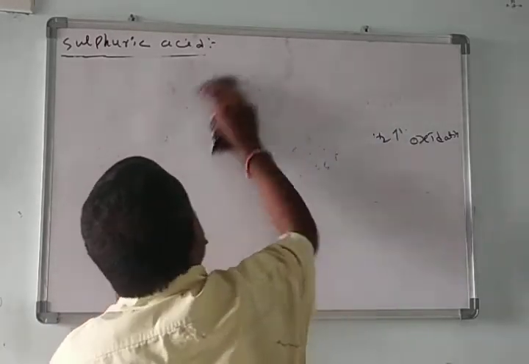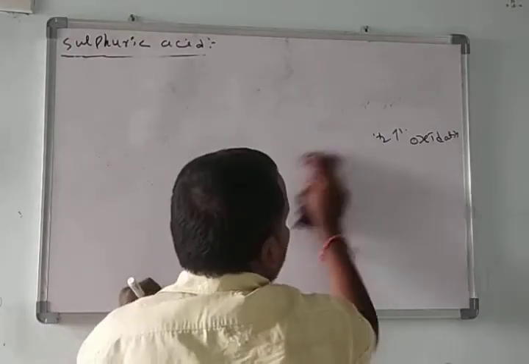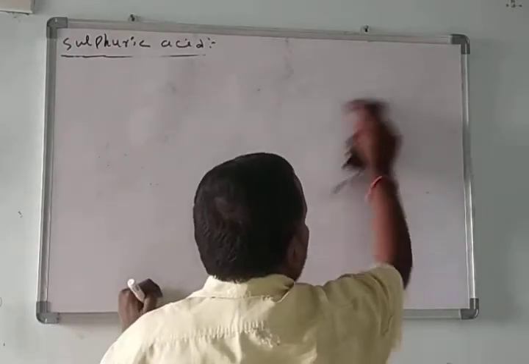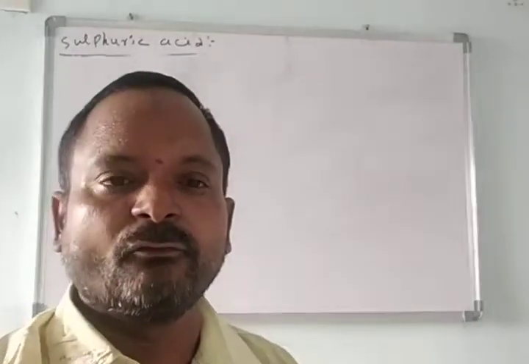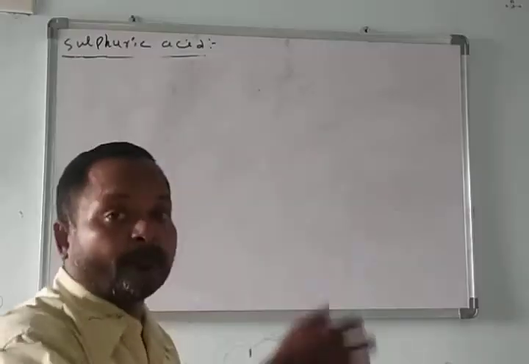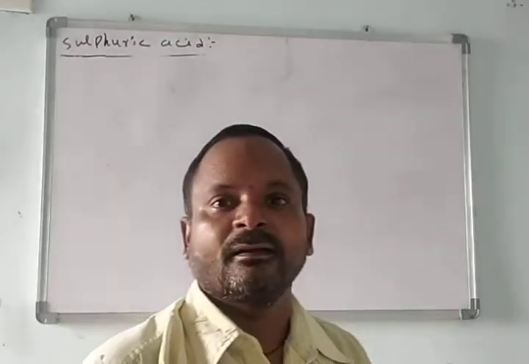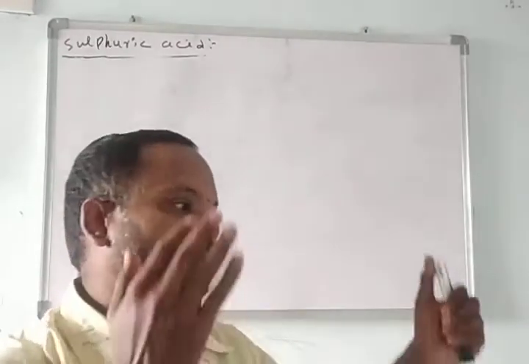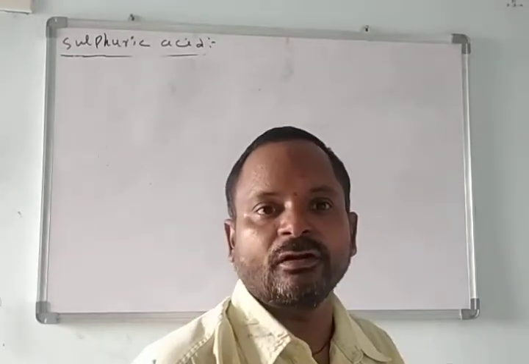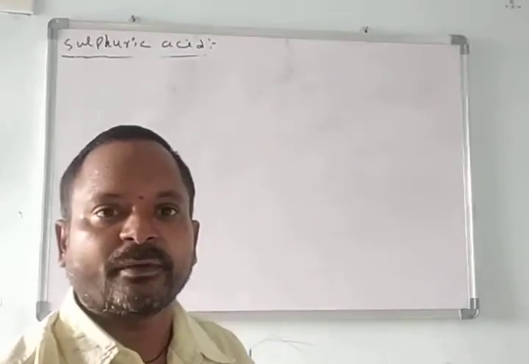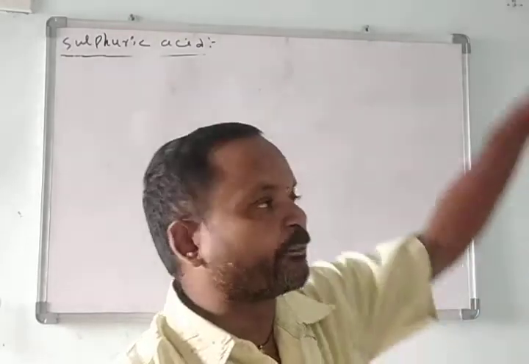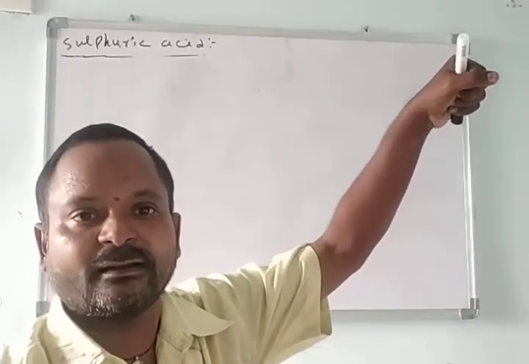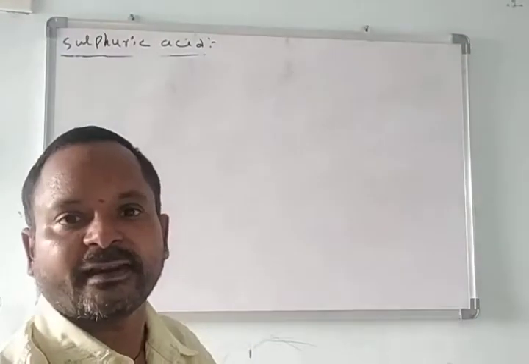If you keep a human body in sulfuric acid for a long time, what happens? We'll get only the skeleton. In old movies, we saw the villains keep one person in a liquid zone, and after 5 or 10 minutes, they remove the body from the liquid. We observe only the skeleton. That acid is sulfuric acid.